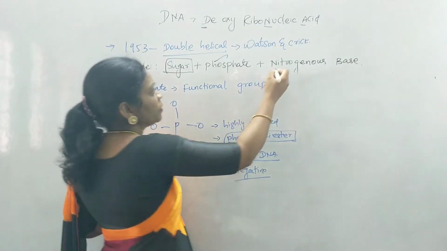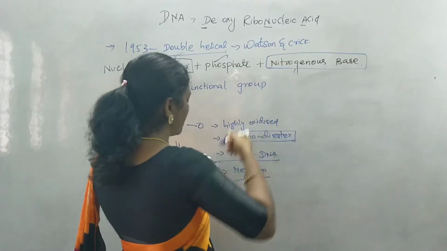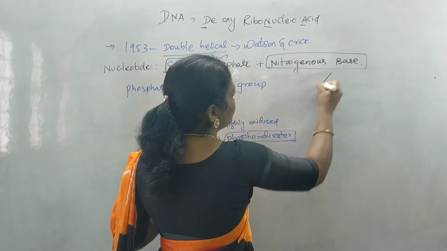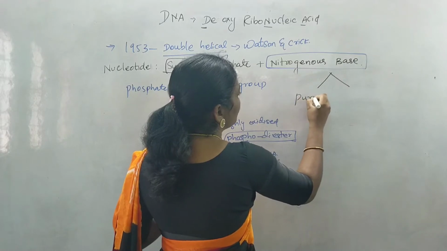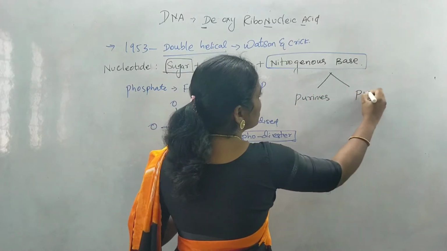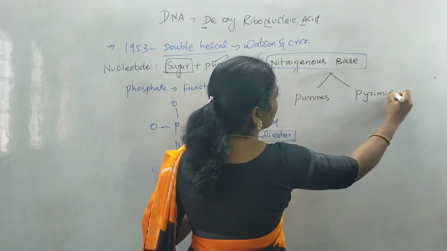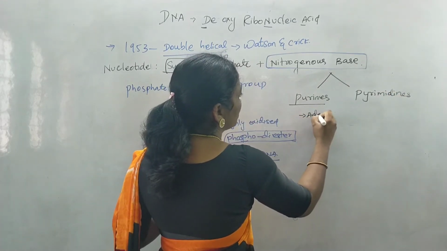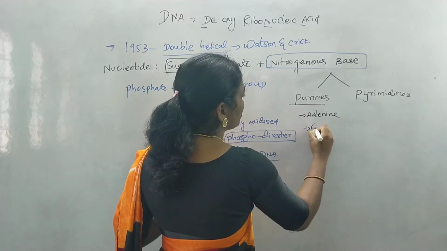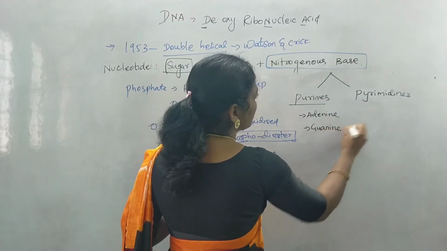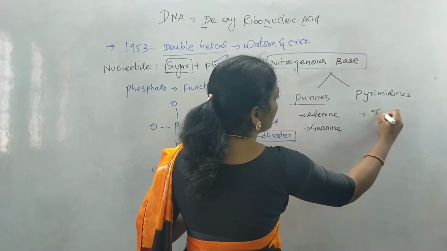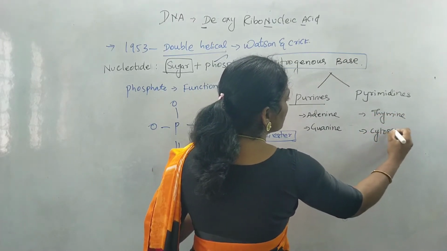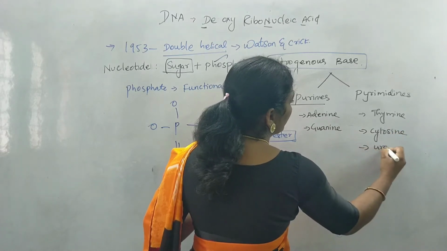The nitrogenous bases are of 2 types. One is purines, another is pyrimidines. The purines are adenine and guanine, and the pyrimidines are thymine, cytosine and uracil.